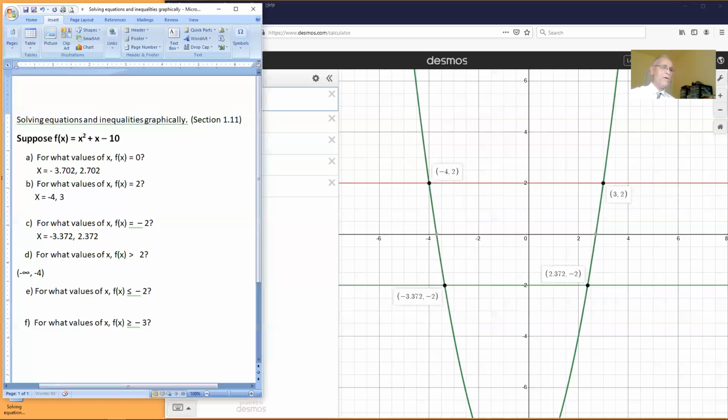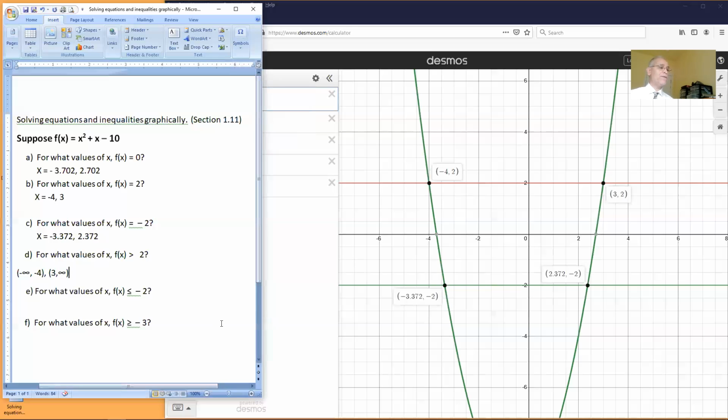In that interval, the values of f of x are greater than 2, together with another parenthesis starting from 3 to infinity. So notice that this inequality was not inclusive. I don't have the equal sign here, so I'm using parentheses.